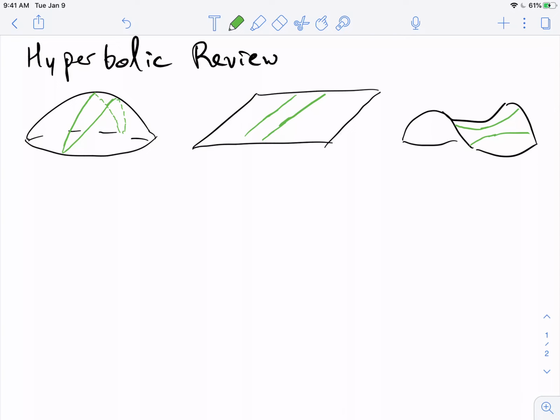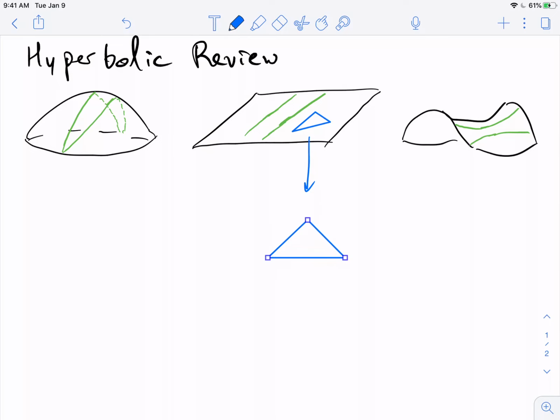And I'm going to be drawing triangles in hyperbolic space, so I want to give you a way to represent those. If I draw a triangle in the plane, then of course it looks like what we think of as a normal triangle, maybe like that.